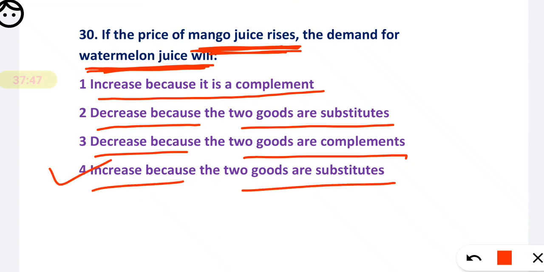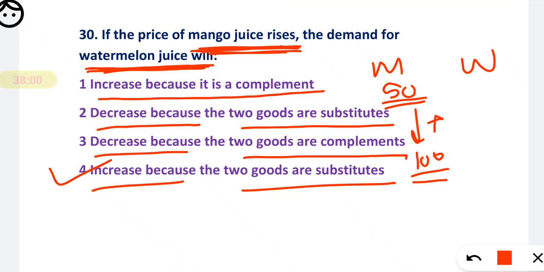How? See, if this is mango juice and this is watermelon juice. If the mango juice was 50 rupees per glass, and now the price has increased to 100 rupees per glass, then what will you think? Your income has not changed, not increased. You will say, why have mango juice? I will have watermelon juice because I want juice only.